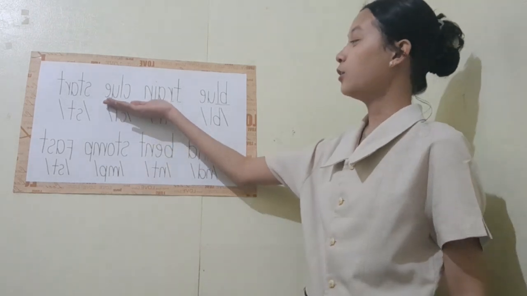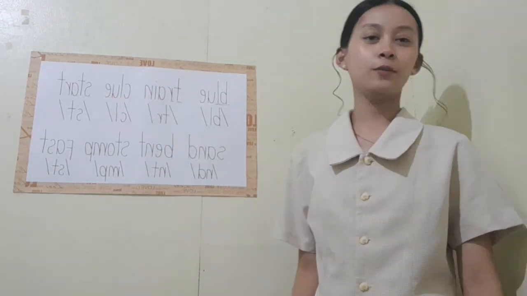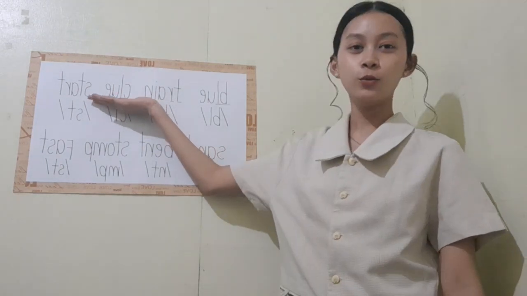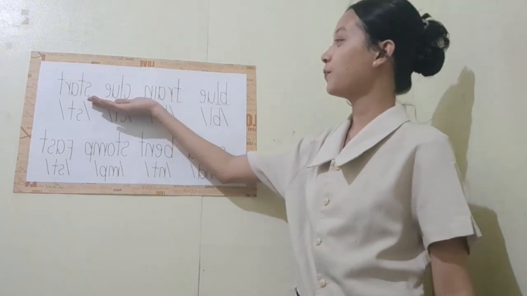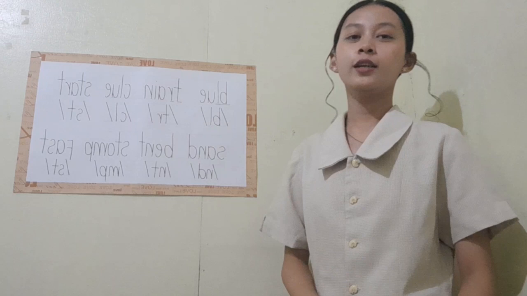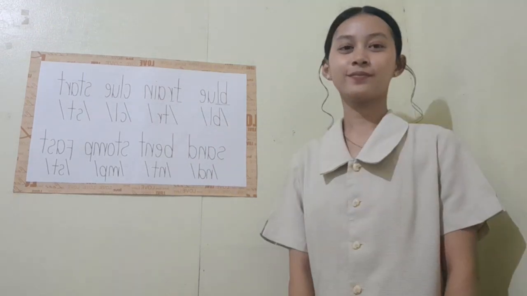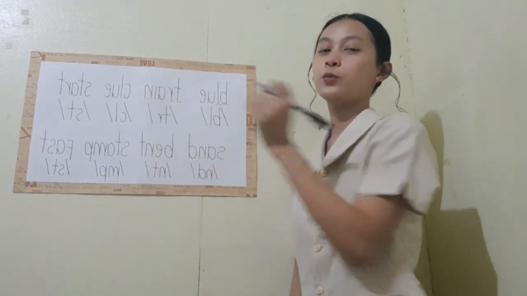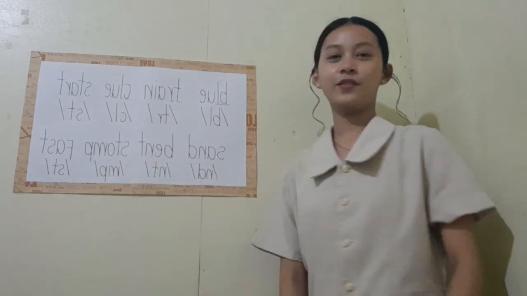Okay. Third, we have the word clue. Can you spell it with me? C, L, U, and E. Clue. Can you say it together? Clue. Very good. And for our third word, can you guess where is our consonant cluster in here? Alright, it is in the first letters, in which C and L. Very good.